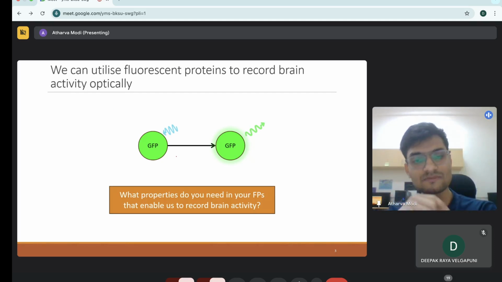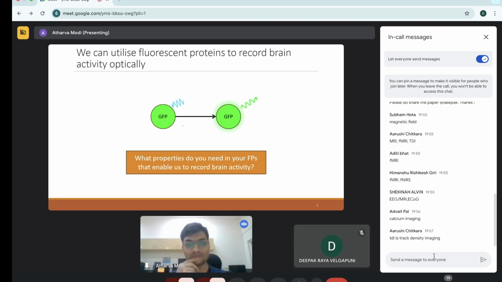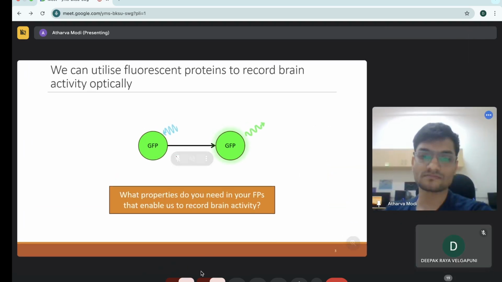If you want to measure brain activity, what do you want from these proteins, so that you get some relevant signals out of them? Any guesses on that? You can speak if you want, or you can type.